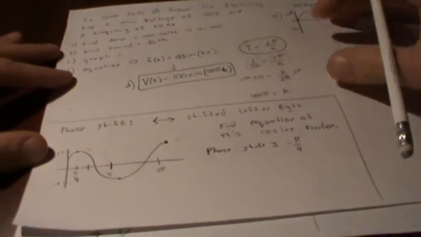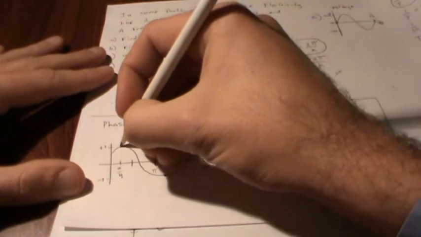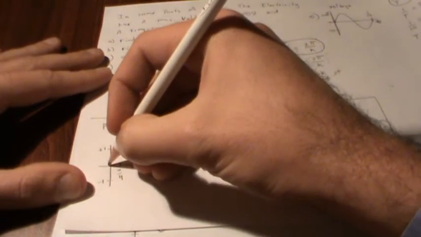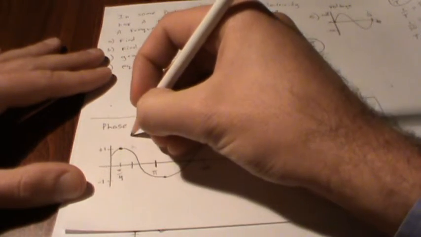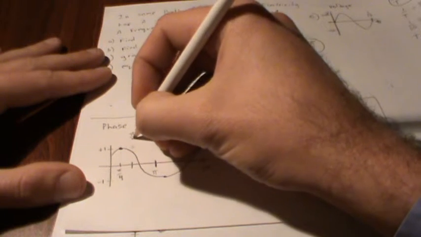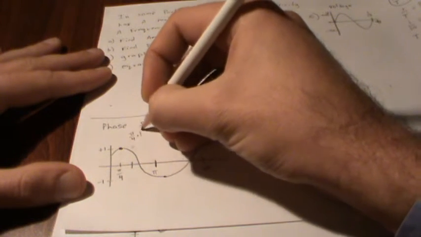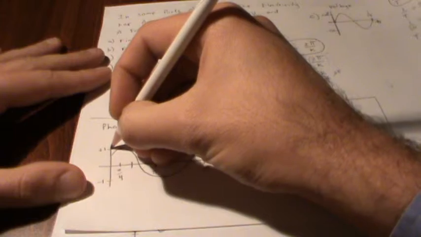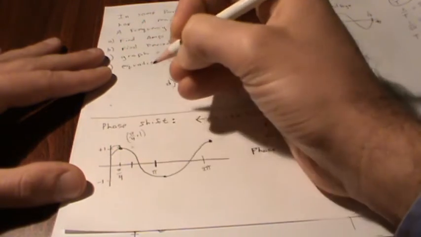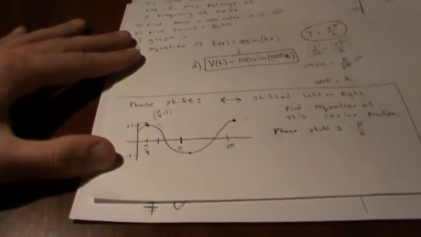But now I notice in my graph here that we've created, my maximum is at pi/4 comma 1, which means it appears that it's been shifted over that way, a pi/4.